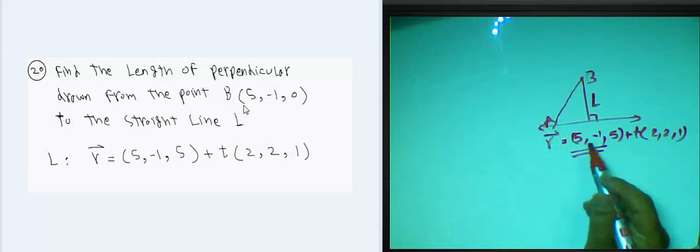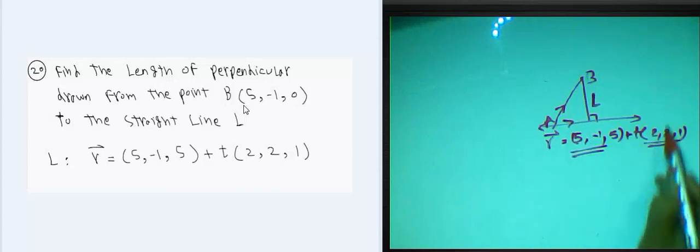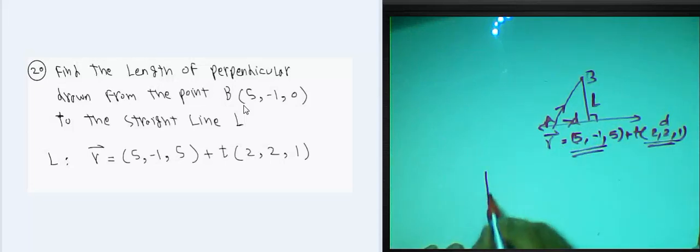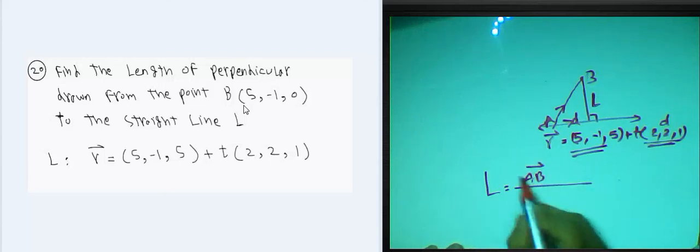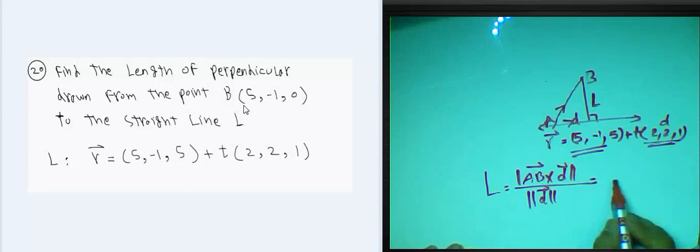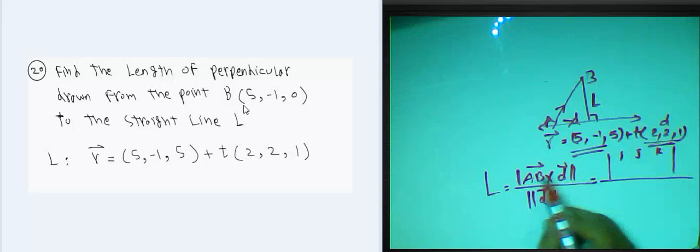To find, we take the cross product of AB with this vector D over the absolute value of vector D. The length here will be AB cross vector D over the absolute value of vector D. We can find the result using I and J and K. Vector AB first.